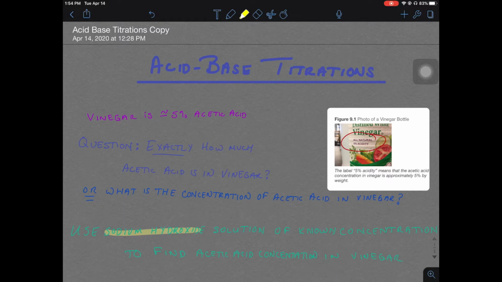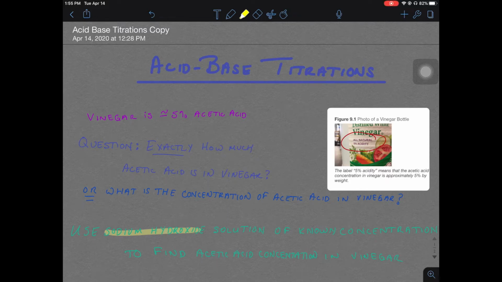And we can do that because sodium hydroxide is a base, acetic acid is obviously an acid. So we're going to use the base to neutralize the acid. And when all of the sodium hydroxide has neutralized all of the acetic acid, we'll then be able to calculate and determine how much acetic acid there is in vinegar.